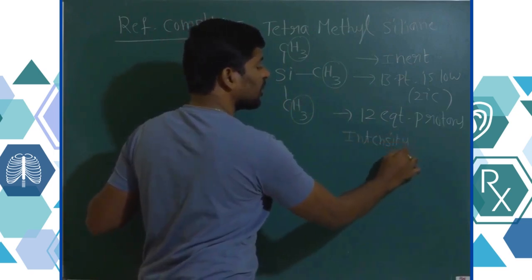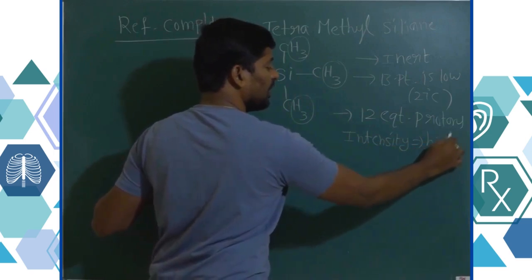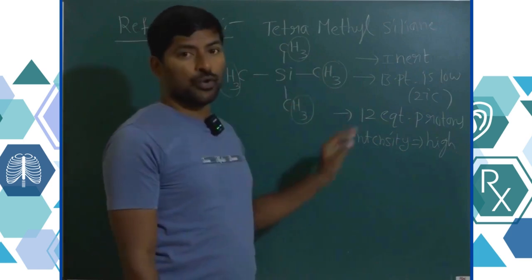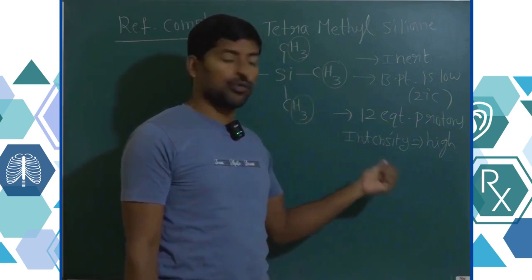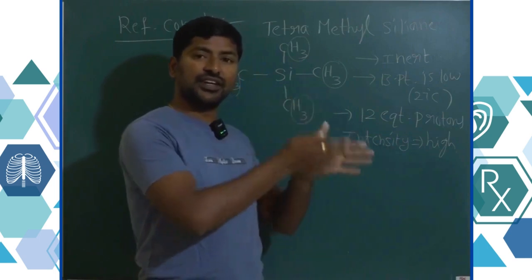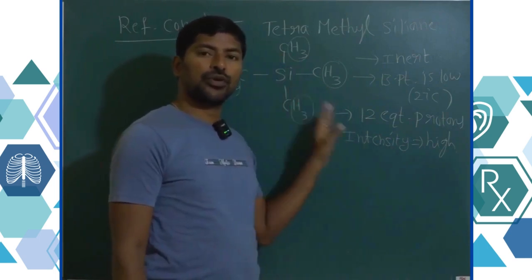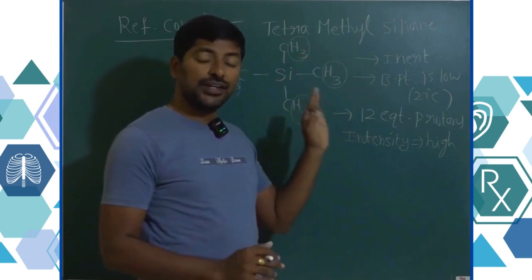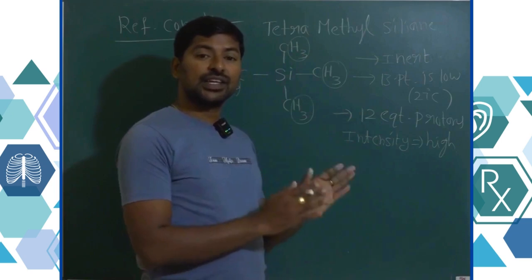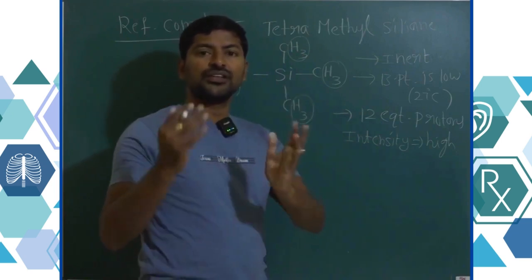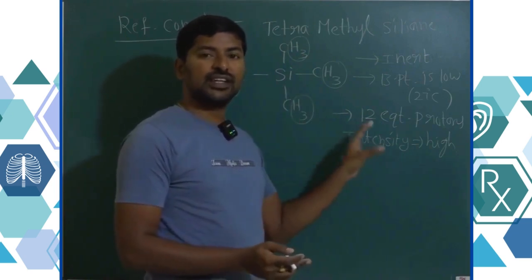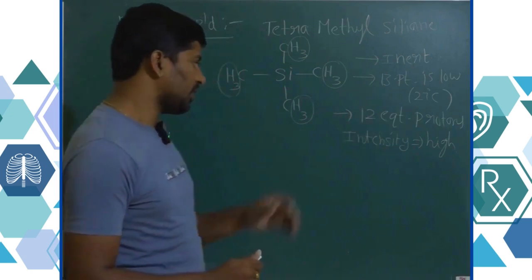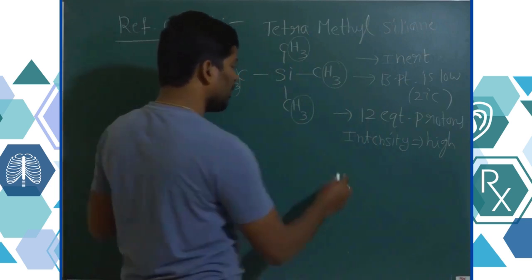The intensity is high, since the signal is due to 12 protons, all of which resonate at the same frequency. So it is easy to identify the reference proton signal compared to the sample proton signals. That is another advantage.